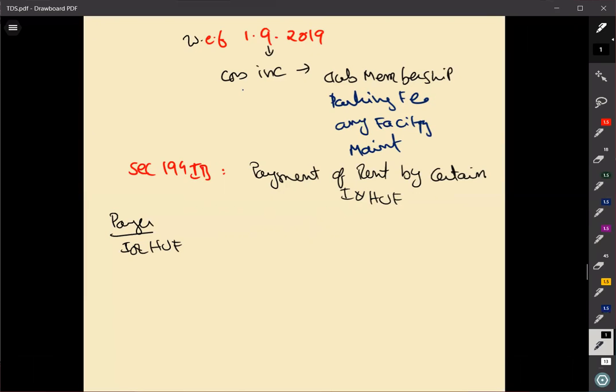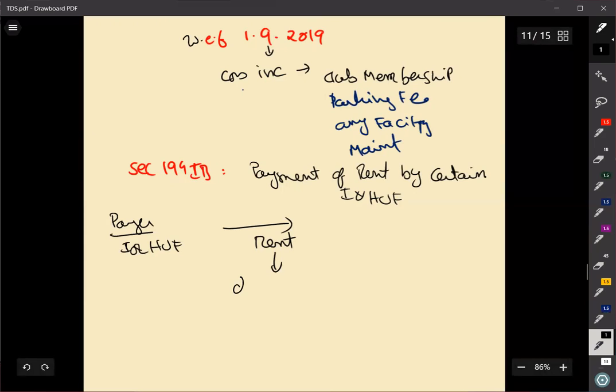Now, what is the rate of tax deduction, and when is tax not required to be deducted? Let us understand. The payer is making payment of rent, and the rent does not exceed rupees 50,000 per month.